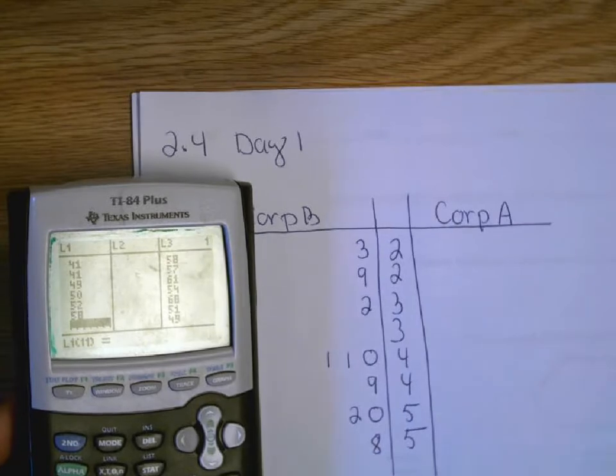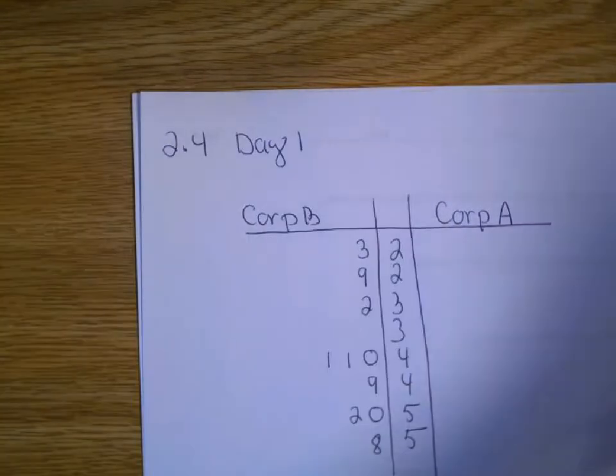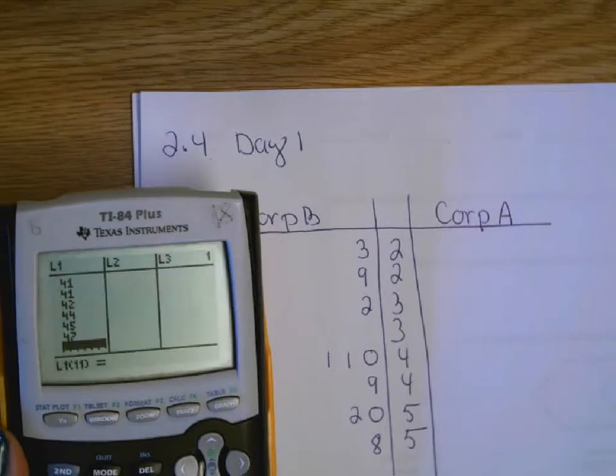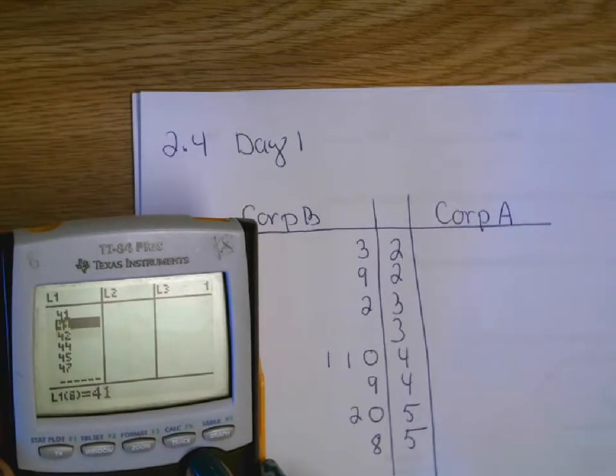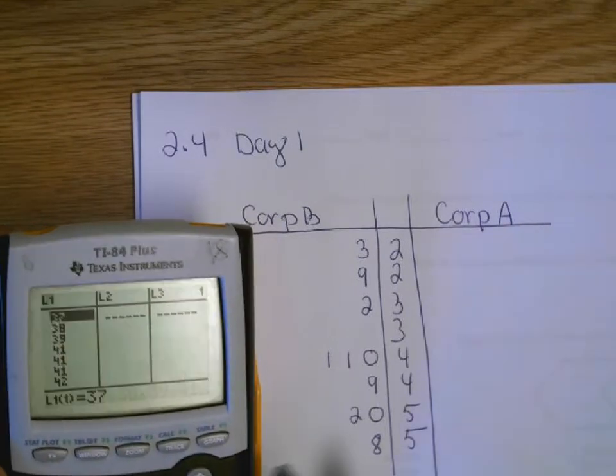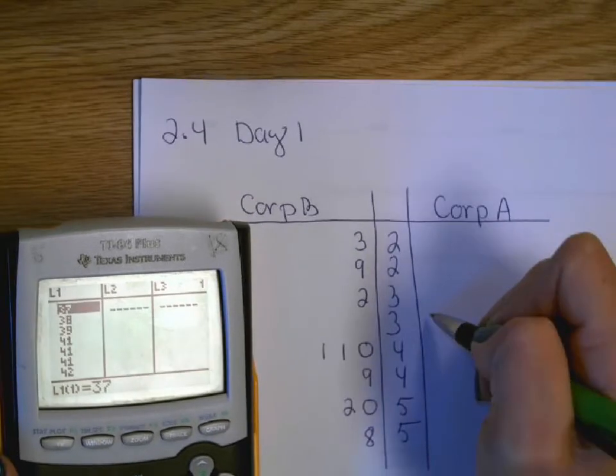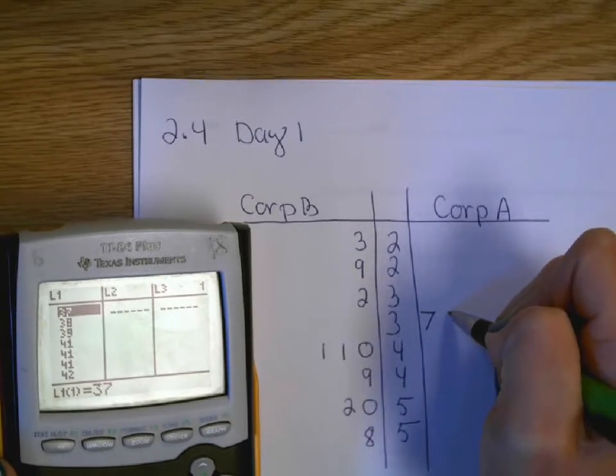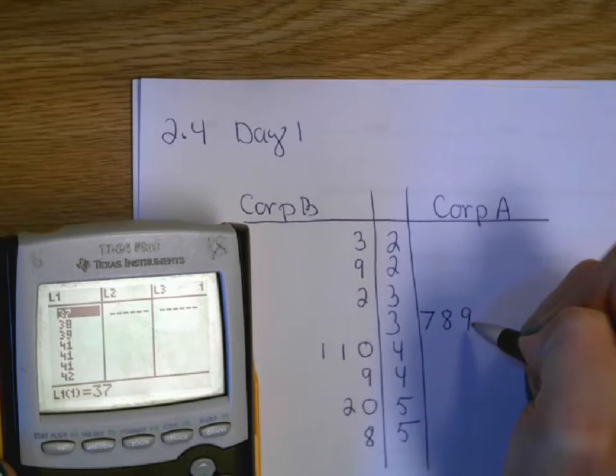Okay, and Corporation A, I got on this calculator, and I sorted them. So they've got 37,000 starting, 38, 39.